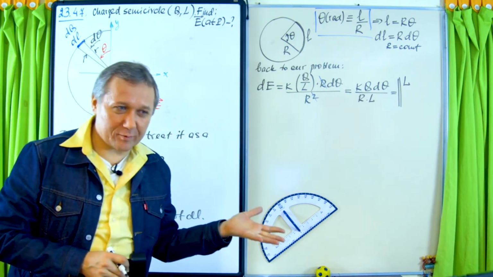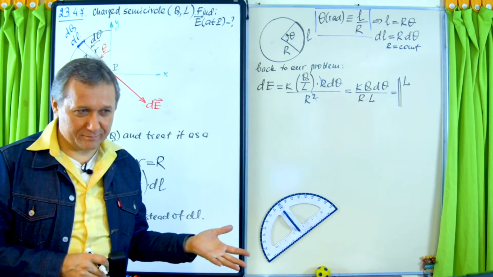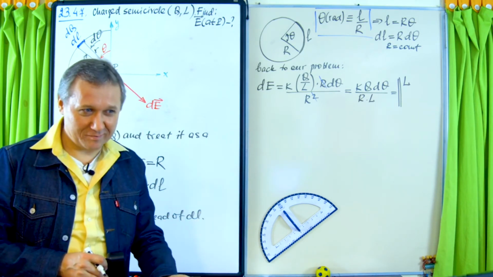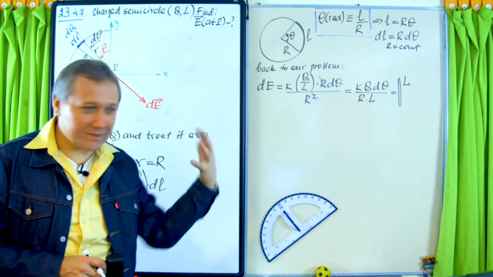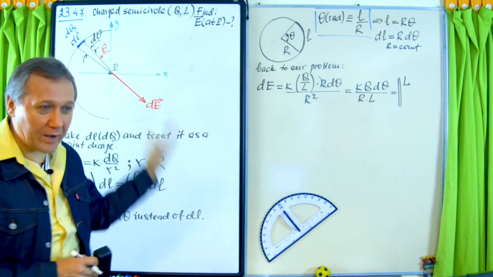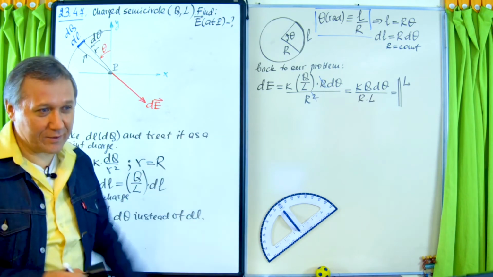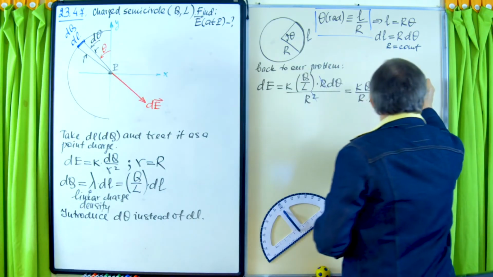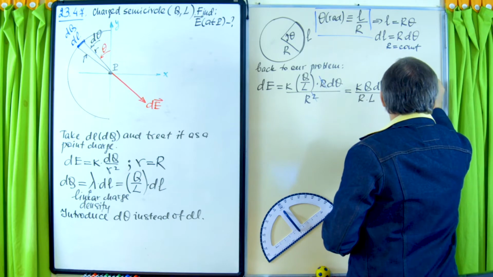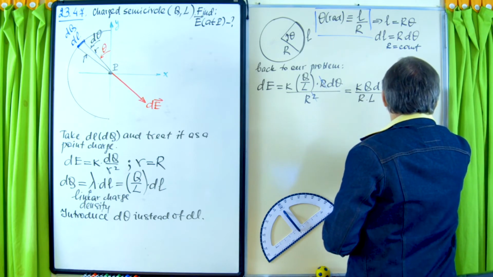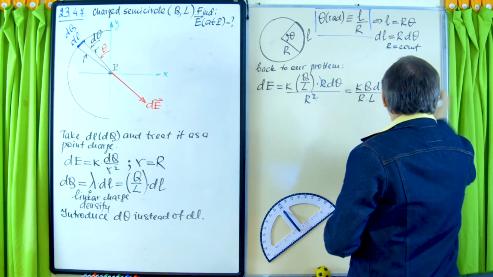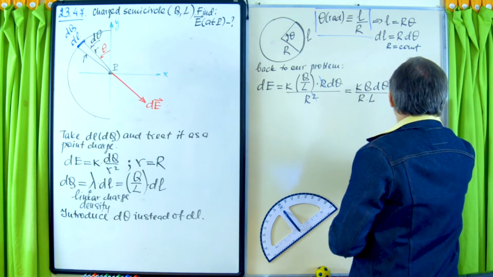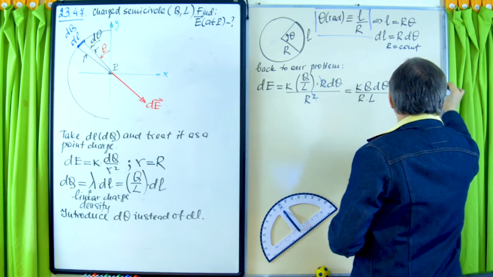How else can we write the length of a semicircle? Pi times r. The total circumference is 2 pi r, but since we have a semicircle, it's just pi r. So that's how we can connect them. Let me emphasize, it's just a semicircle. Of course, so r equals L divided by pi.